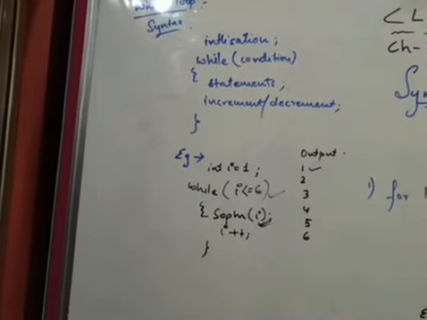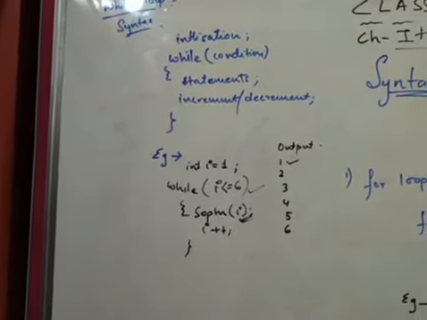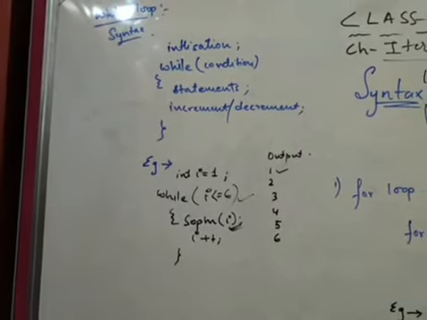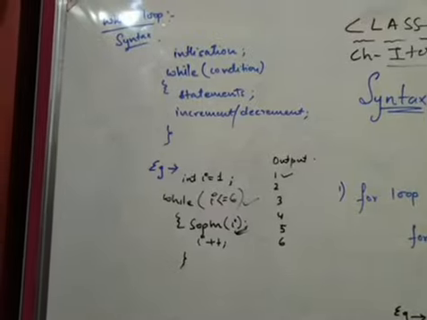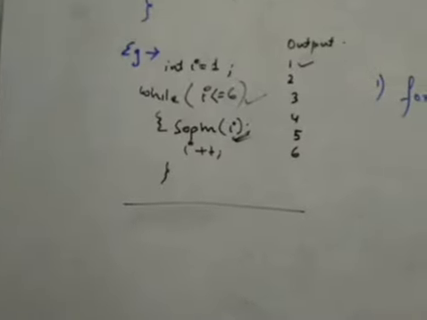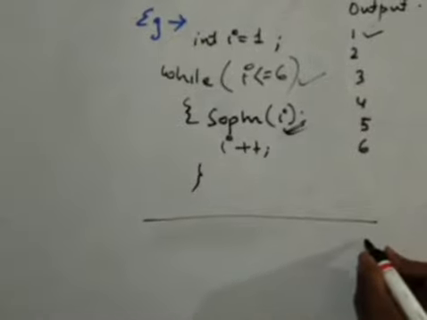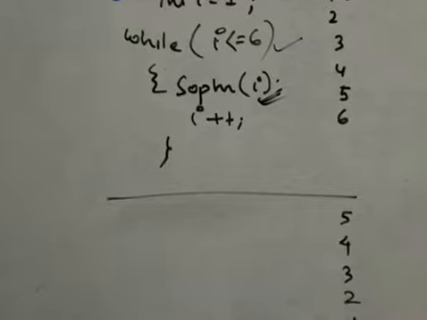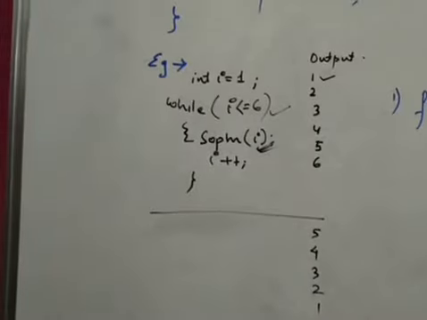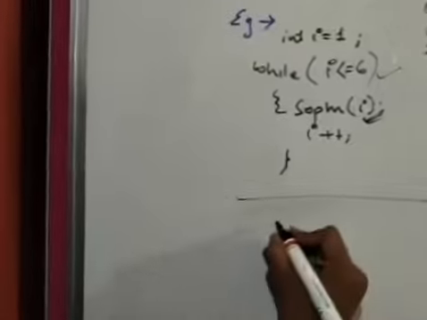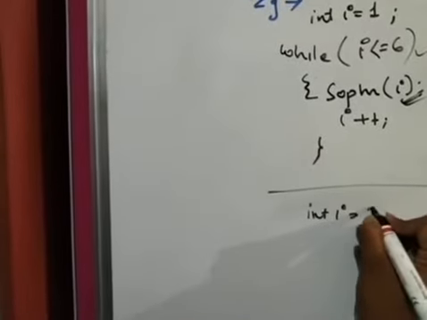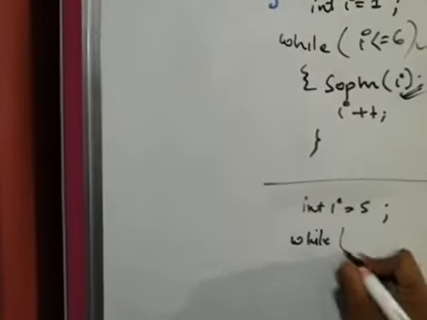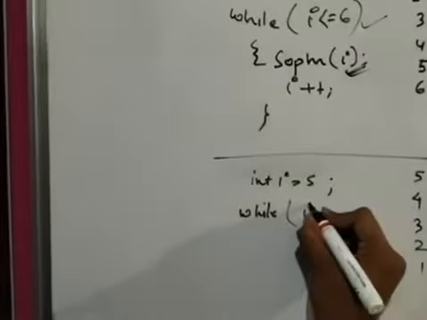Before we go into that, we can also write the same example in decreasing order. How will you make a decreasing loop using a while loop? Let's take the same example which we did in for loop. We want to print values 5, 4, 3, 2, 1. For this, the initialization step will be int I equals 5, and for the condition we write while I is greater than or equal to 1.